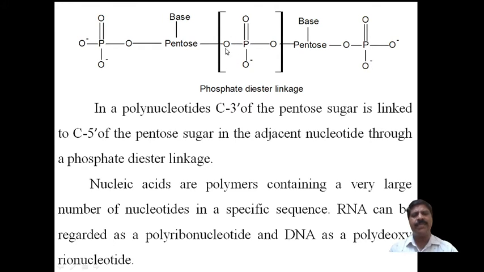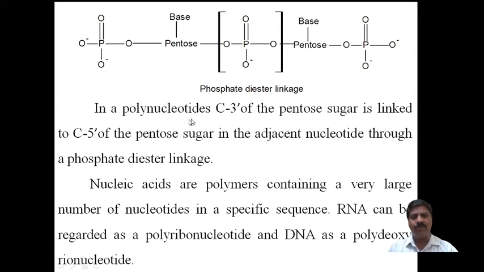Therefore, we say that a diester bond is formed. When two molecules are combined, a diester bond is formed. Suppose n number of molecules are joined together, then n number of diester bonds will be formed. That is also called a diester linkage.